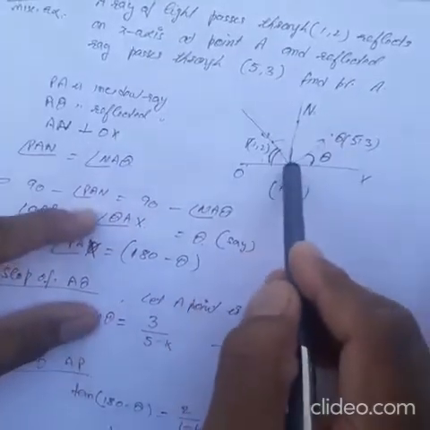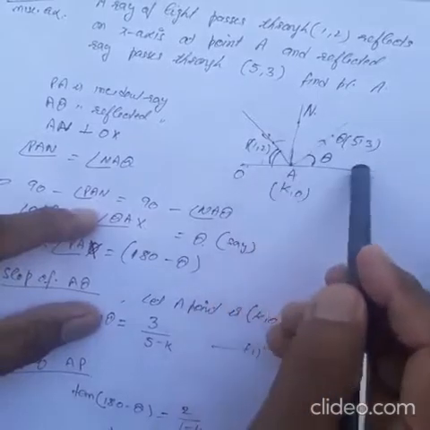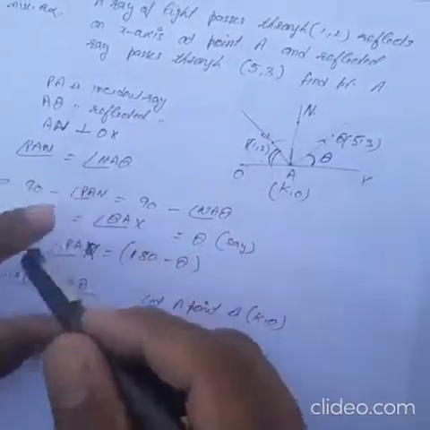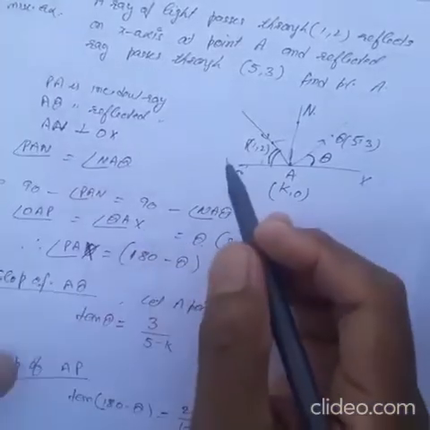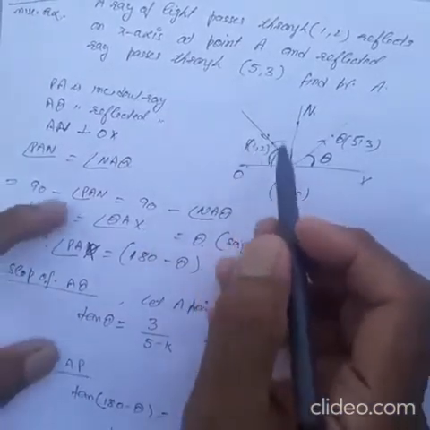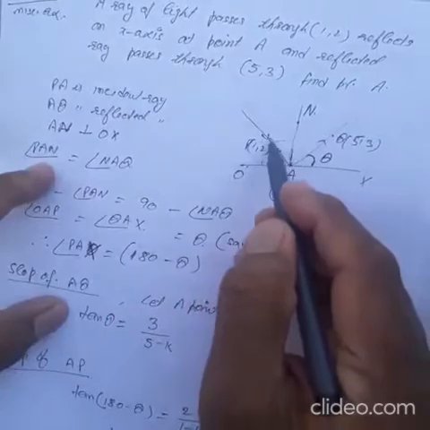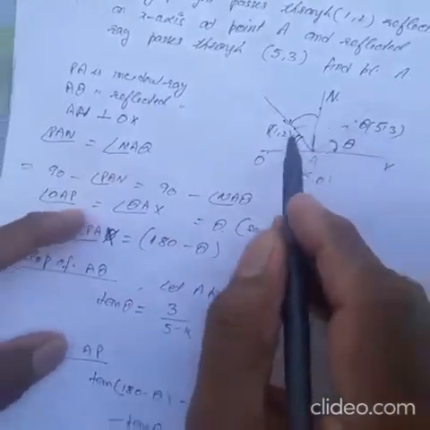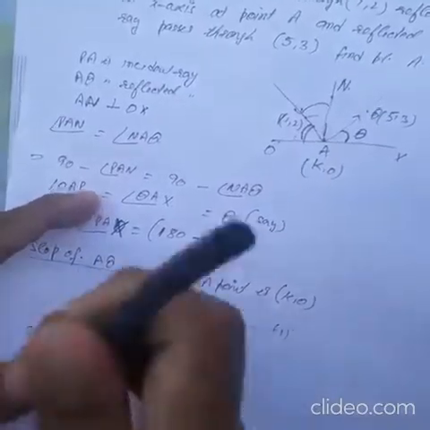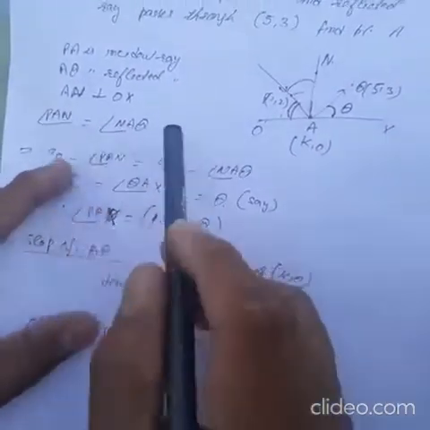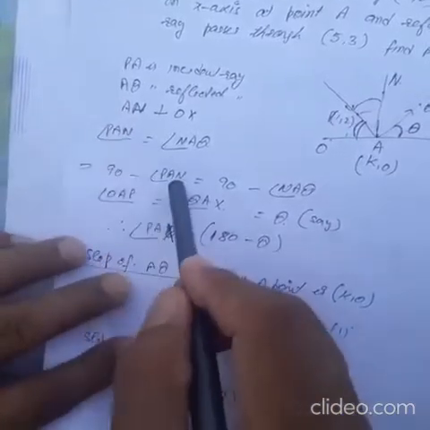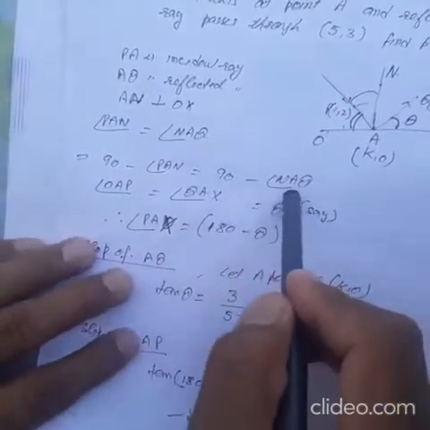Now from point A, if you draw a perpendicular to this line OX, so this angle we have done in physics, that angle PAN will be equal to angle NAQ. Now if you subtract this angle from 90, so 90 minus PAN will be 90 minus NAQ.